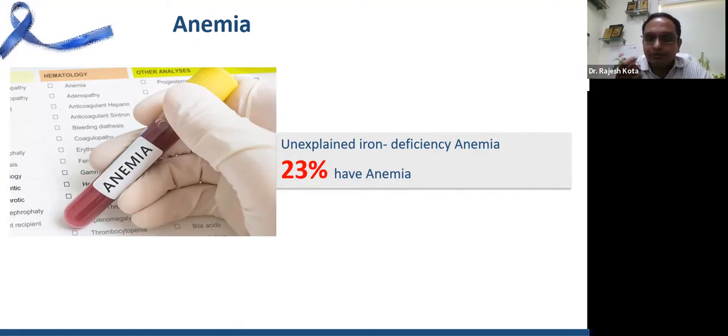So we don't see the blood along with the stool, but even then there is some occult, invisible blood loss. So there we see low hemoglobin levels or anemia. So unexplained anemia in an adult male or a postmenopausal woman, and disproportionate anemia in females during their menstrual age also needs to be investigated.